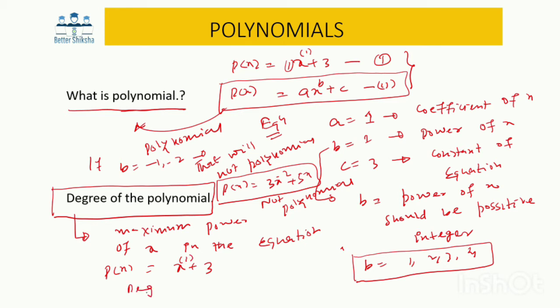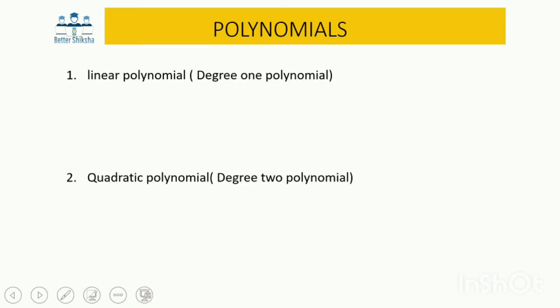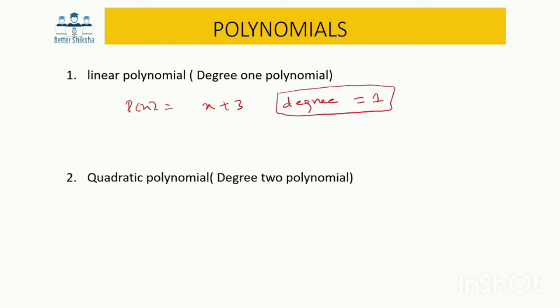So the degree of this equation is simply 1. Now moving on, let's say we have the same equation x plus 3, we can simply say that the degree of this equation is 1, right? And if in any given equation the degree value comes to be 1, then it simply means that the given equation is a linear polynomial.